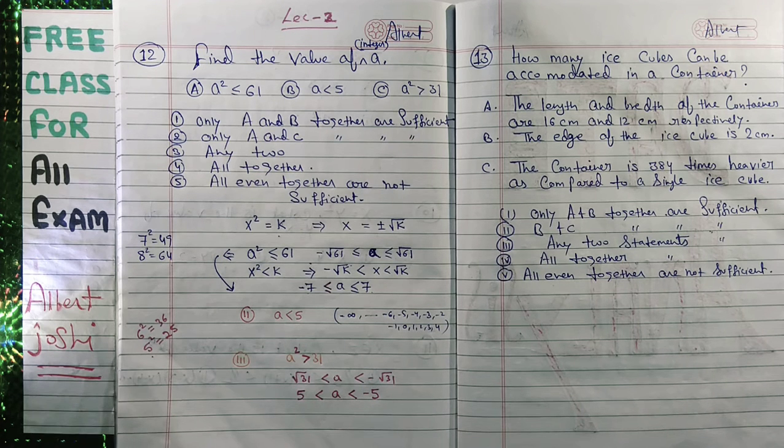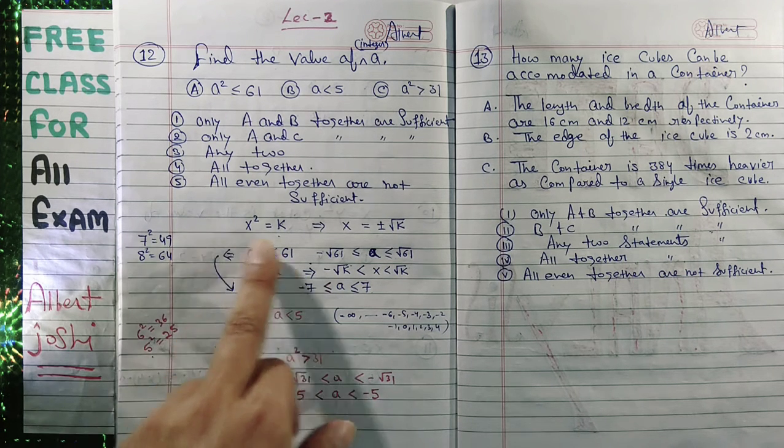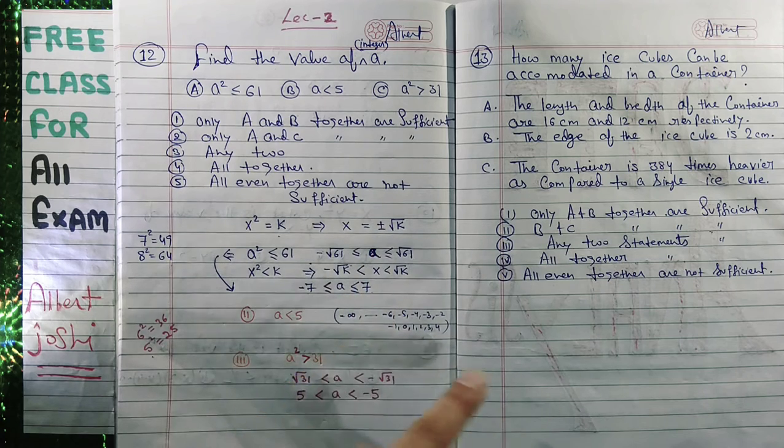We have done something wrong. According to this, we will get something. Because a square is greater than 31, a is such that x square equals k gives x equal to plus minus square root of k.